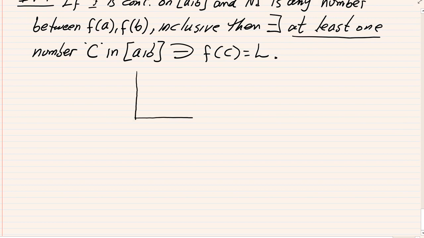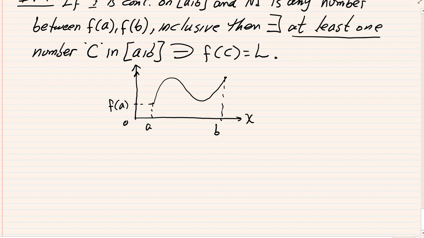It's a pretty interesting, almost intuitive theorem. Let me draw something for you. Suppose I have a function that looks like this. Here's your XY coordinate system. This is where a is, and this is b. Now f at a exists on the y-axis, and let me stretch this up further. This is f at b. Now this number m is between f at a and f at b, so m is along the y-axis.